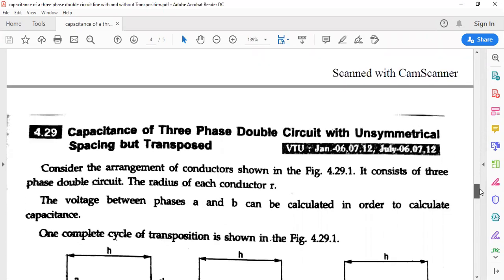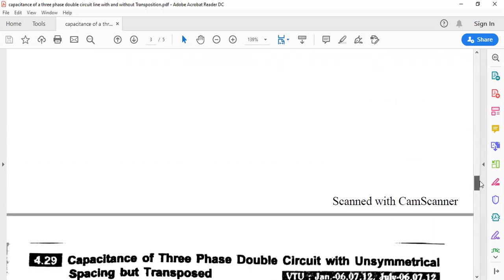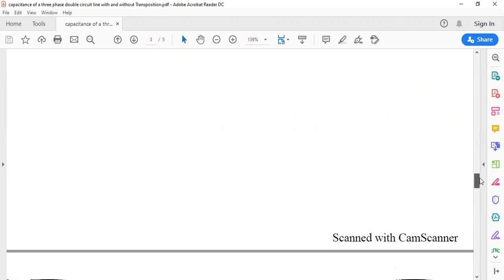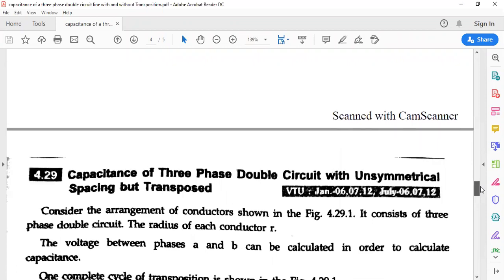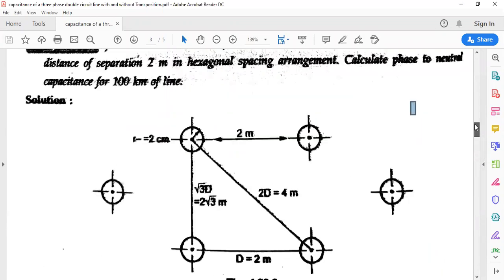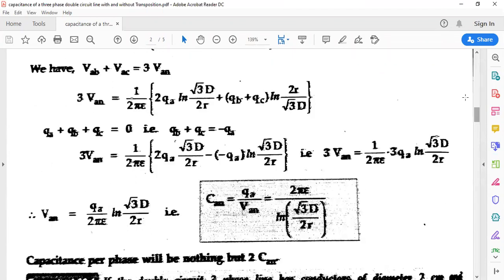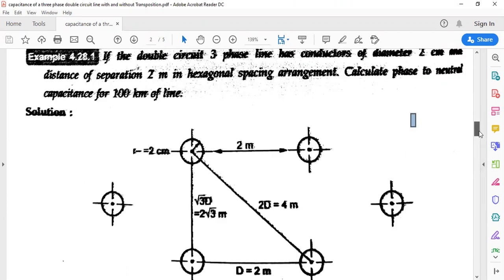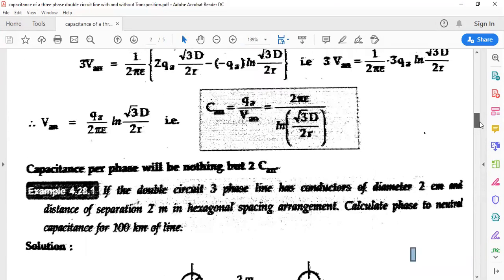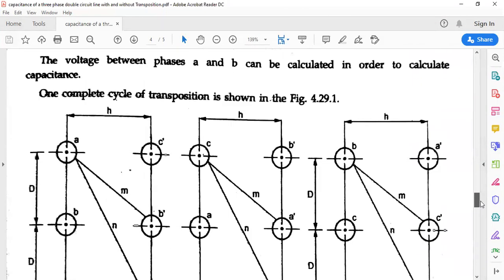That's how you are going to find the capacitance of a three-phase double circuit line with unsymmetrical spacing and untransposed condition. That's how you find CAN, and capacitance per phase you can calculate. The distance of separation is d, 2 meter. So you can substitute it and get the answer.